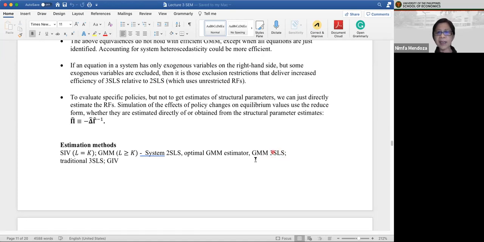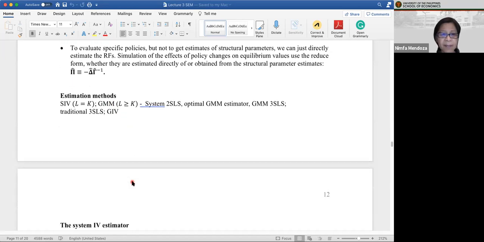Then we contrasted this general method of moments estimator with the traditional three-stage least squares estimator. Then we have the generalized IV estimator. The generalized IV estimator is not a GMM estimator.